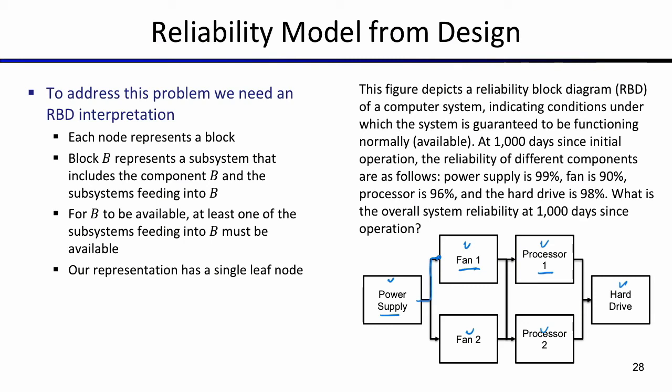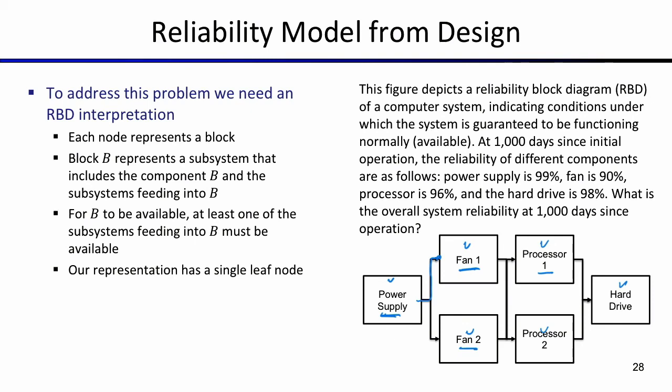So it will be available if fan 1 and the power supply are both available, or if fan 2 and the power supply are available. Given that we know the reliability of each of these components, we are interested in understanding the reliability of the overall system.